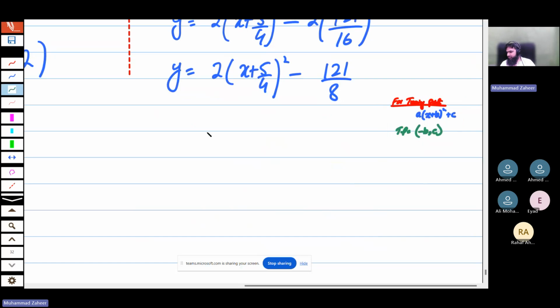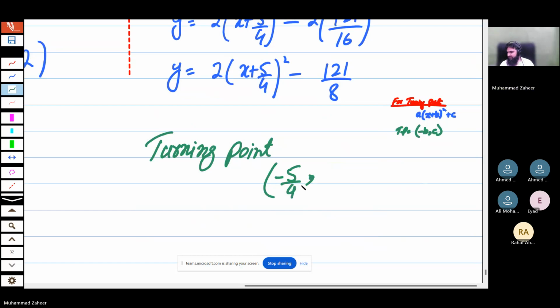So from here, the turning point is: the x coordinate is minus 5 by 4, and the y coordinate is minus 121 over 8.